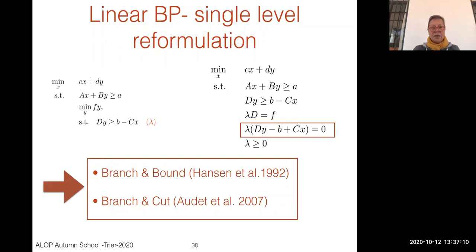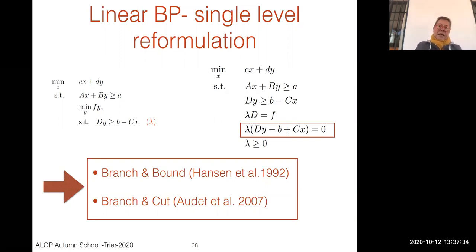Very nice, good. Yes, but of course, this does not solve our problem. Because if you look at these complementarity constraints, they are the difficult ones, because you have variables x, y, and lambda, which means that those constraints are nonlinear.